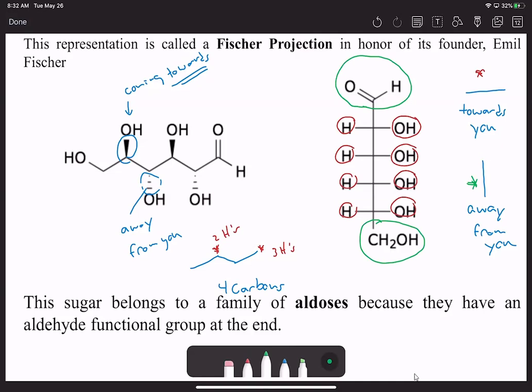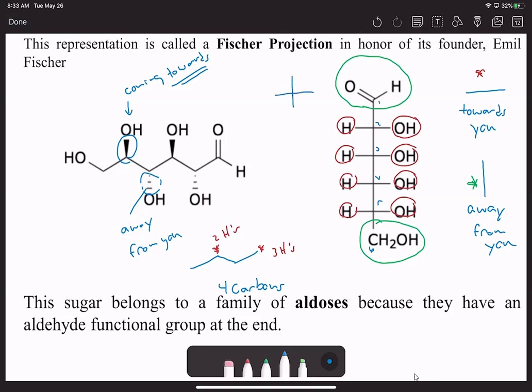So this particular sugar here that has 1, 2, 3, 5, 6 carbons. One last thing here before I forget and move on.